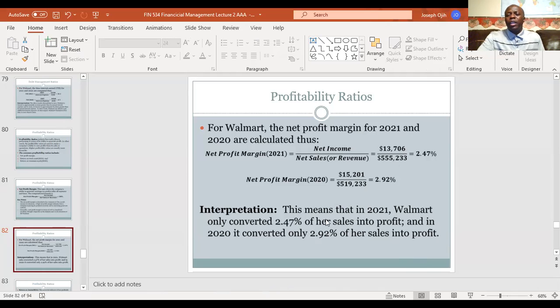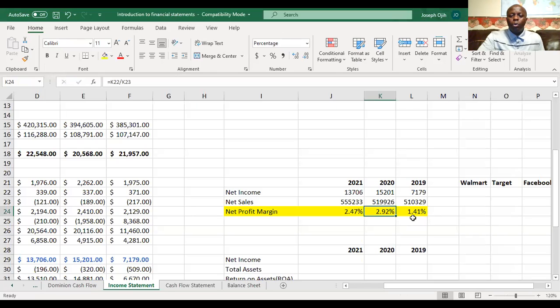And in 2020, it converted 2.92% of all the sales into profit. Now, prior to that, in 2019, it converted 1.41% of all sales into profit. So it actually showed a growing trend. Let's see, hope that it continues that way.